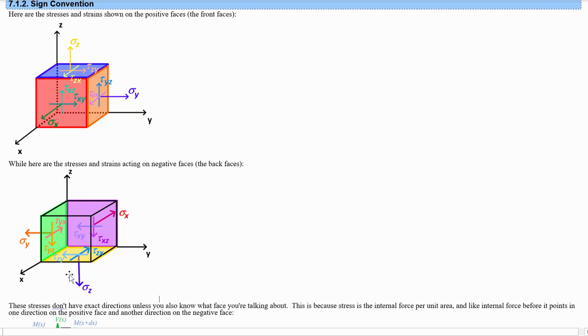We don't have the concept of tensile or compressive shear stresses, but positive and negative still do tell you the directions. So if tau xz ends up being positive, that means that on the x face, there's a force per unit area in the z direction, kind of sliding this face up and the back face down. Whereas if it's negative, then it would mean it's sliding the front face down and the back face up.